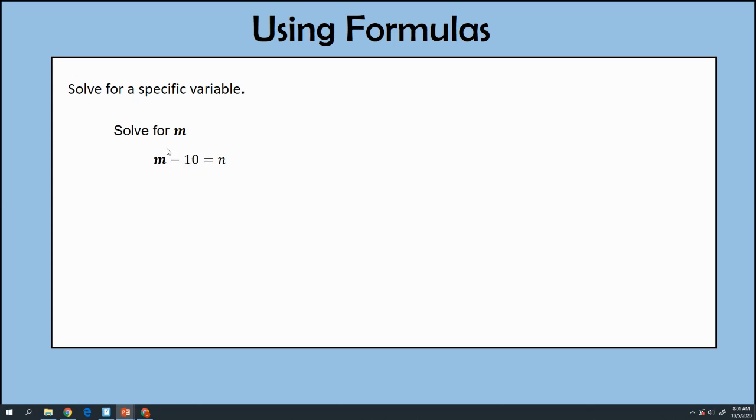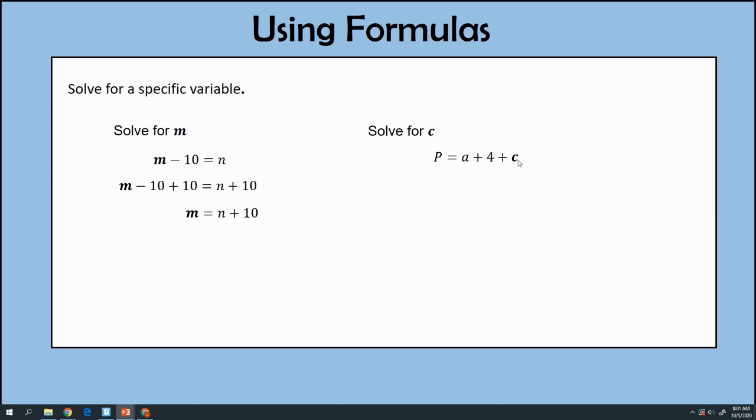How do I get the variable term isolated? I'm going to add 10 to both sides. Minus 10 plus 10 is 0. n plus 10 is n plus 10. So we're going to wind up with m equals n plus 10, and we're done. We've isolated the variable they asked us to isolate. There's my solution right there, m equals n plus 10. That's all we've got to do.